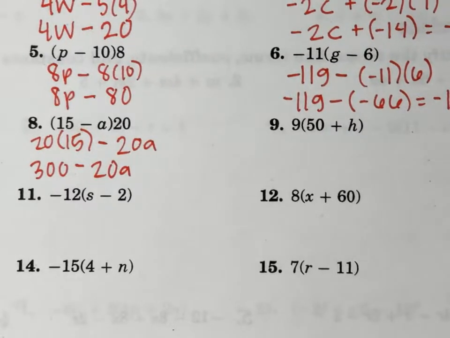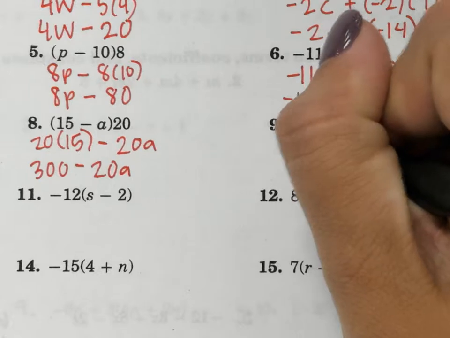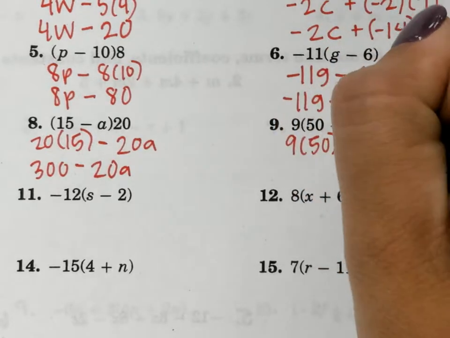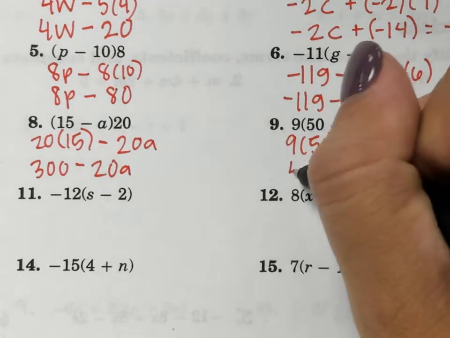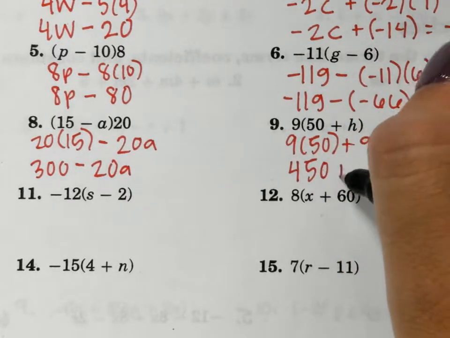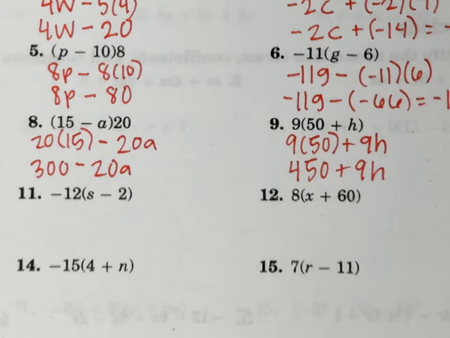Number 9. When I'm distributing, that gives me 9 times 50 plus 9 times h. What is 9 times 50? 450. 450 plus 9h.